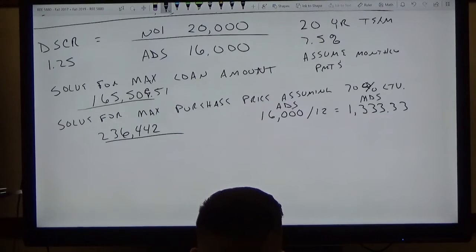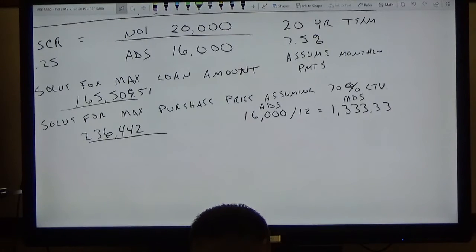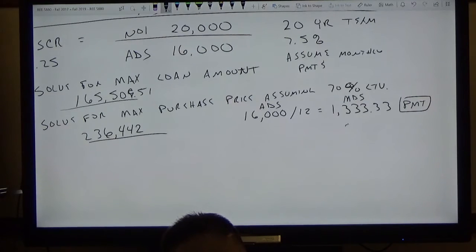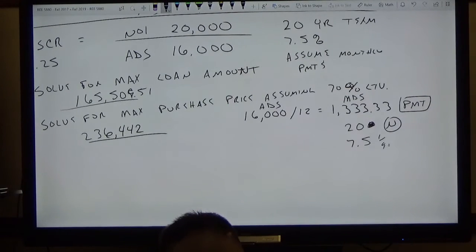Your monthly debt service is another way of looking at your payment. Your term is 20 years, your interest rate 7.5%, and you simply solve for present value to get your maximum loan amount.